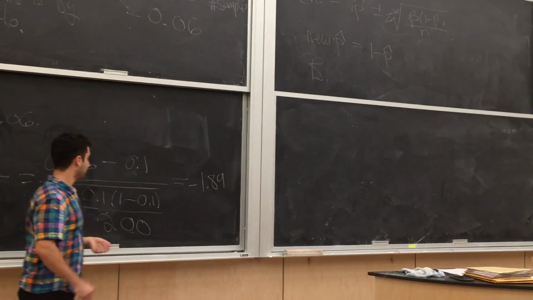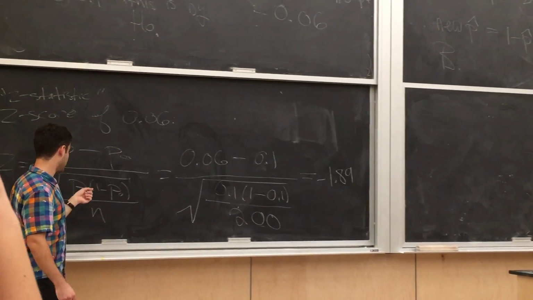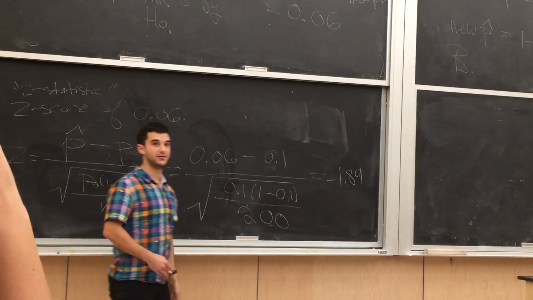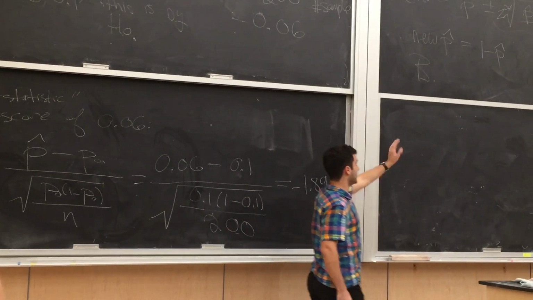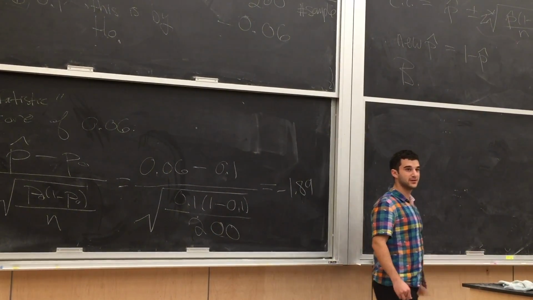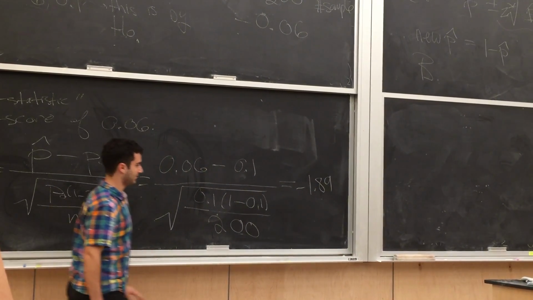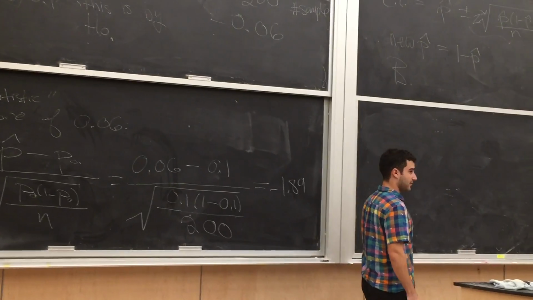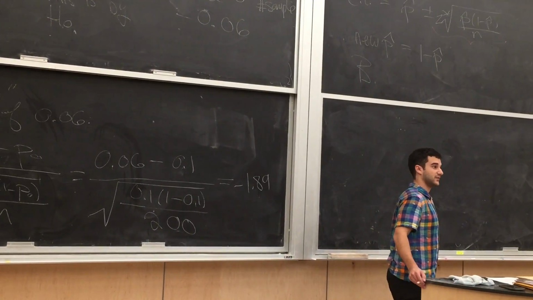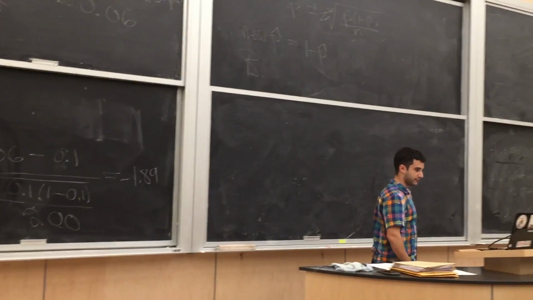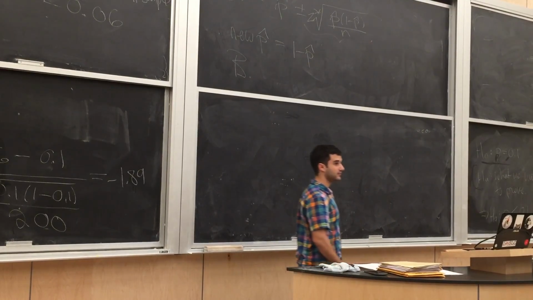So in one of these you use p naught, and in the other you use p hat. But I will be giving you the formulas for these things anyway, so you don't have to memorize that. Okay, so any other questions? Okay, let's finish off part B then.